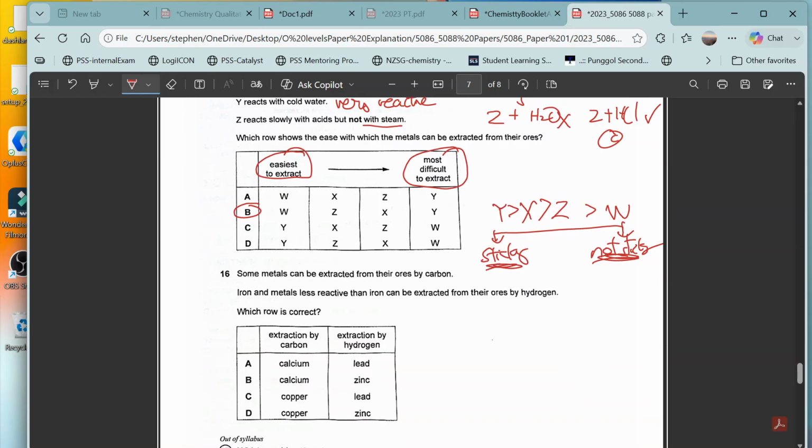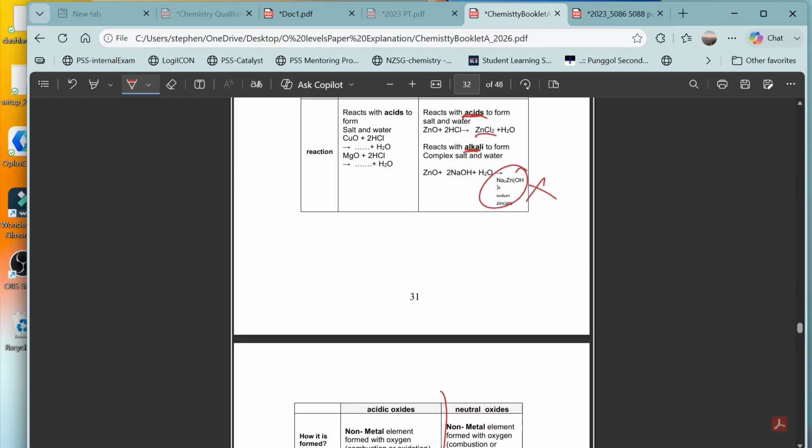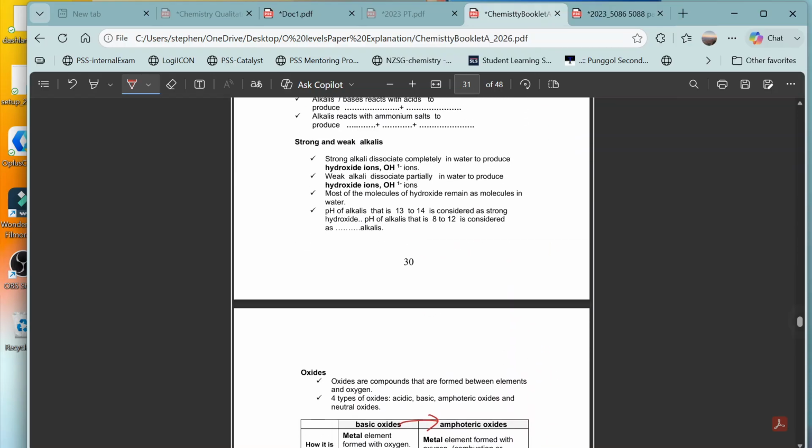Based on this, the next one is also under extraction, right? From the ores by carbon. Okay, this one, if you studied, it should be here. Let me see whether I can find the notes.